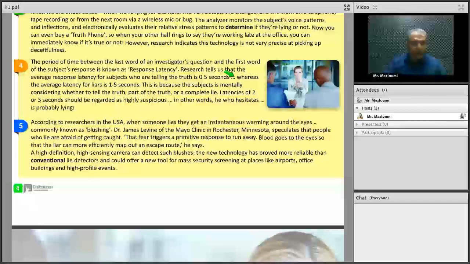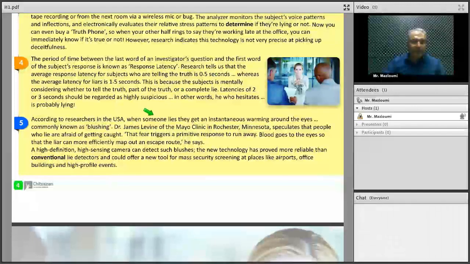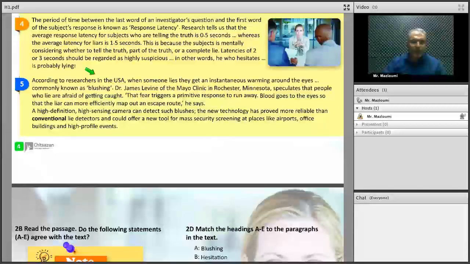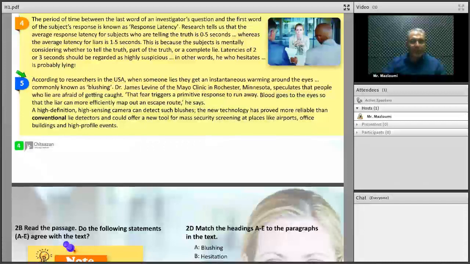The person is just considering something. They may be planning to tell a big lie. They're not telling the truth, and we need to be really careful. So, he who hesitates is probably lying. The person who spends a lot of time mulling over their answer is probably lying.